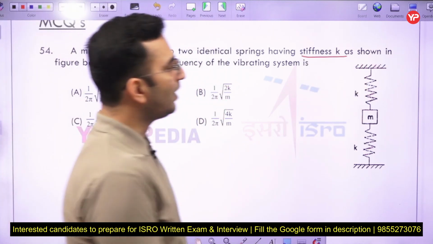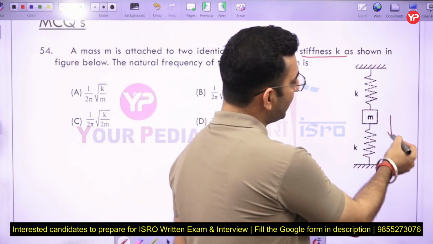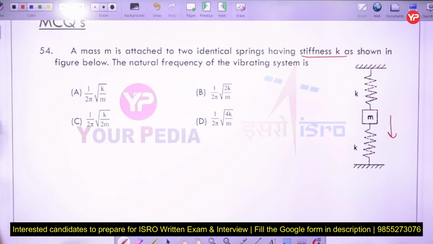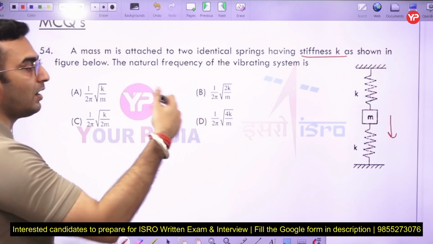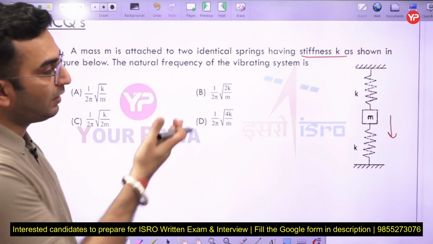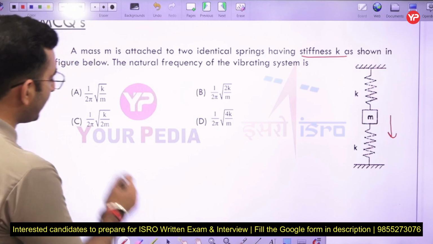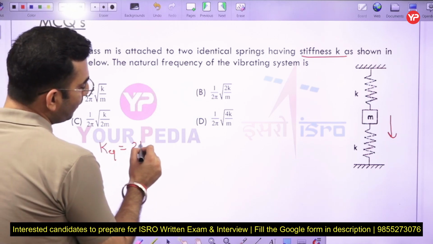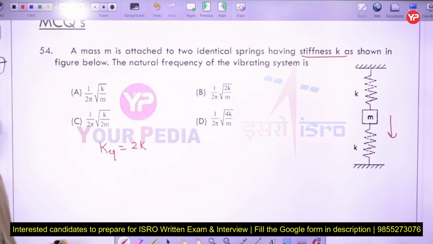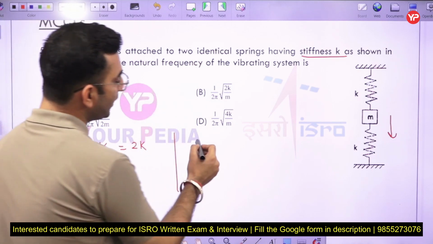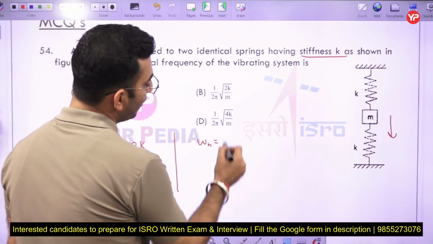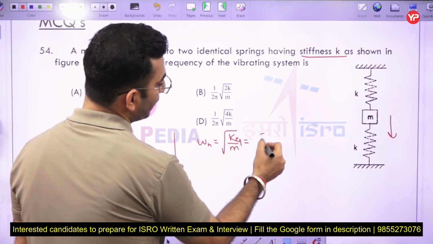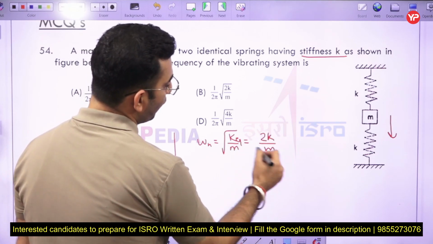Here you can see, if I displace the mass by a certain distance, both of these springs are going to have the same deformation. So I can say the springs can be considered as arranged in a parallel combination. Therefore the equivalent stiffness is going to be equal to 2k, the sum of these two stiffnesses, and correspondingly the natural frequency will be the square root of 2k by m.